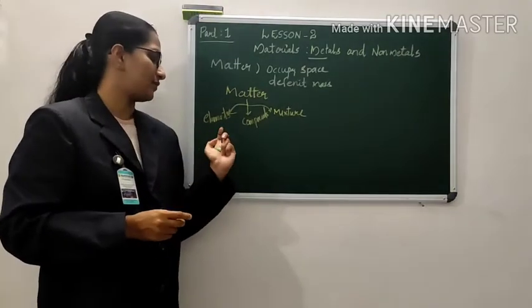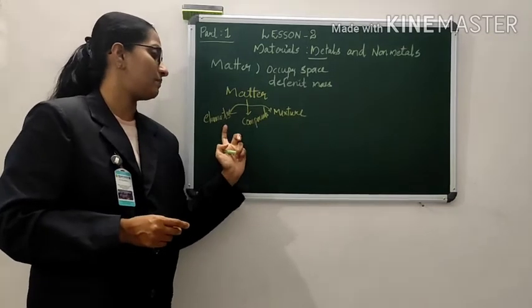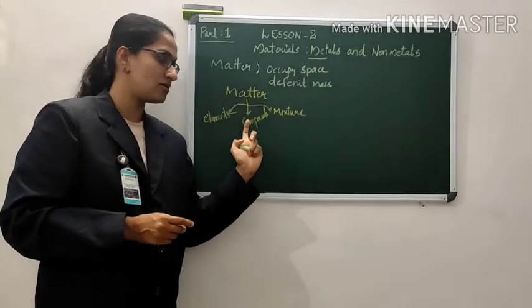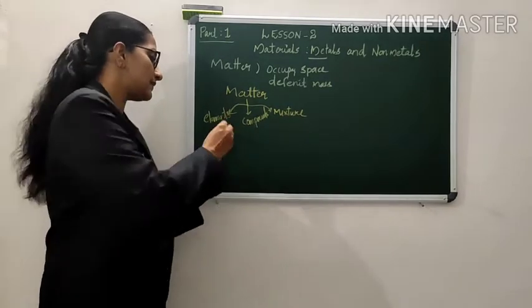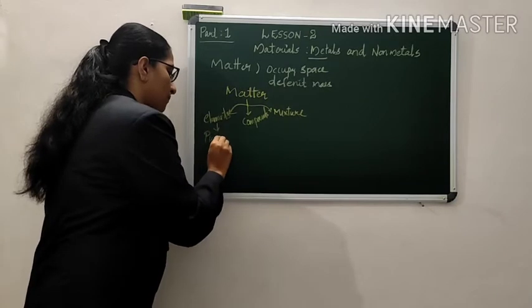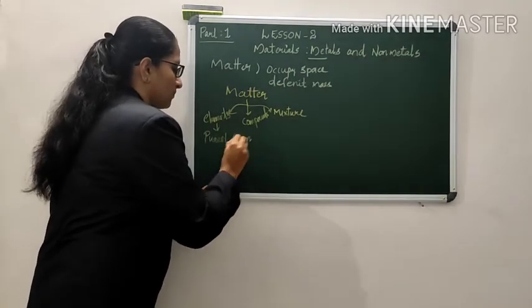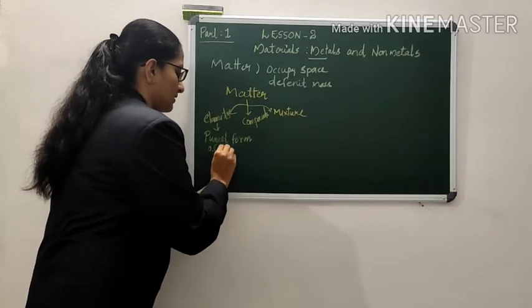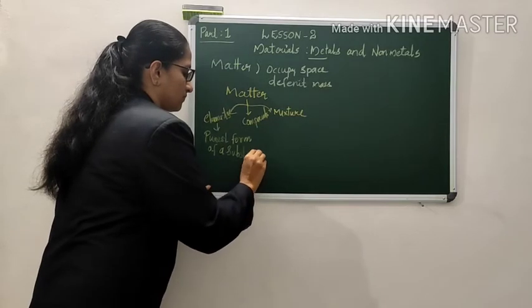Okay, look here children. Here you can see the matter can be present either in the form of elements, compounds or mixture. Out of this, the element is the purest form of a substance. How does it become the purest form?